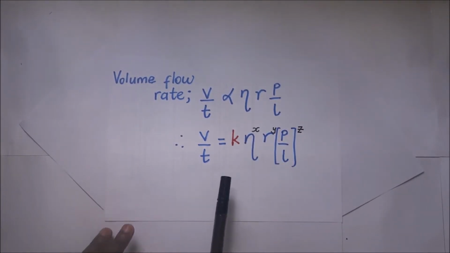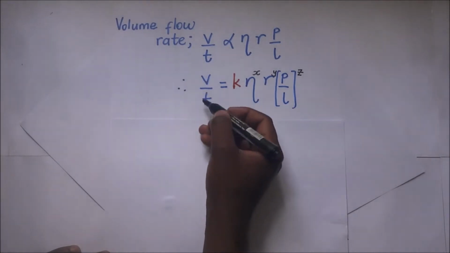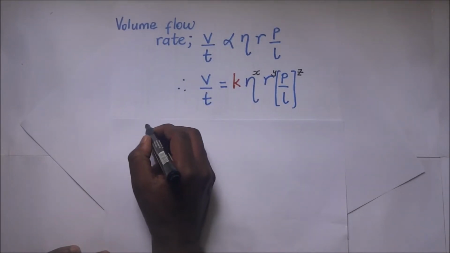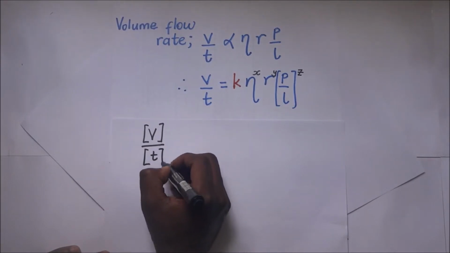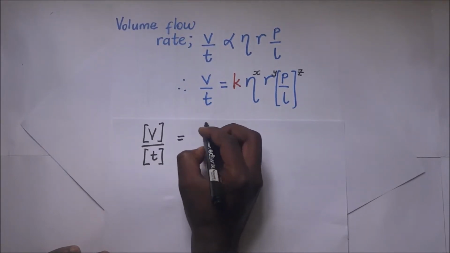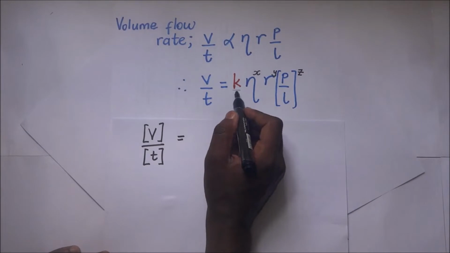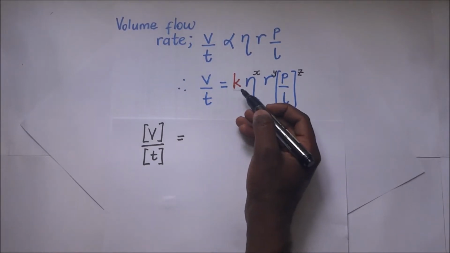So we'll begin. Using dimensional analysis, we need to find the dimensions of V divided by the dimensions of time, which is going to equal K. Now K, since K is a constant, it means it is dimensionless.